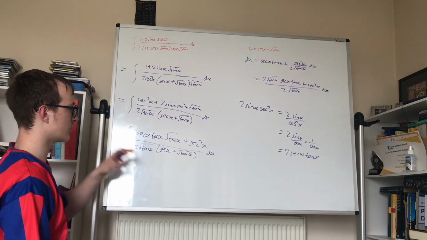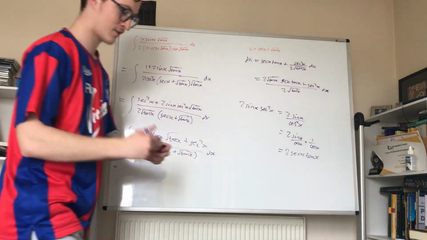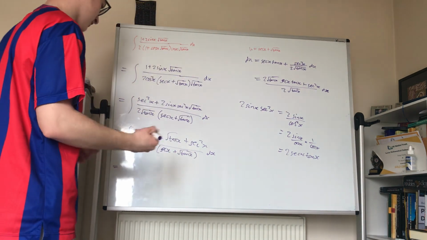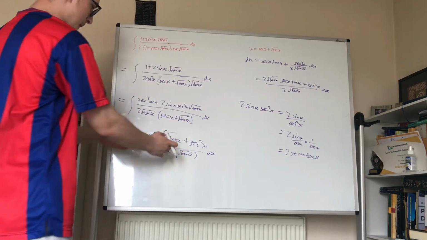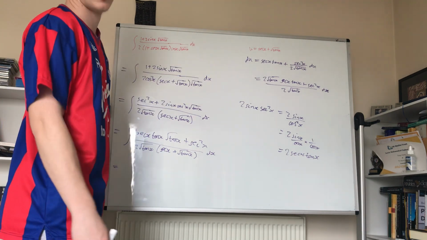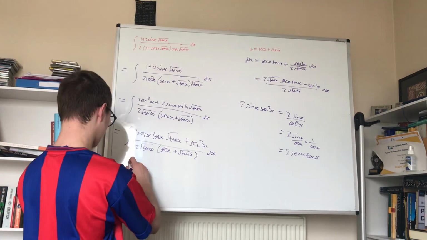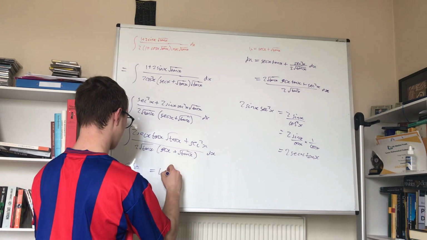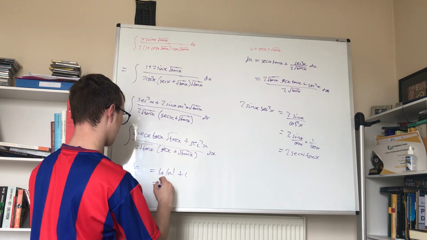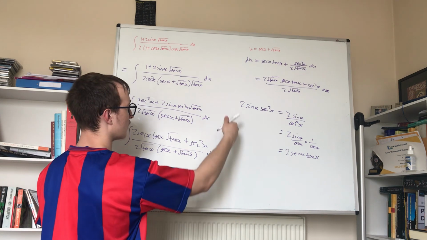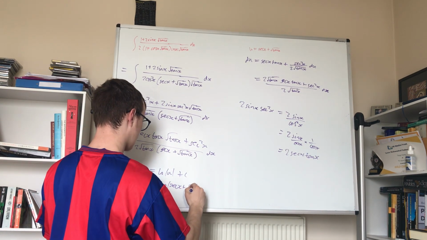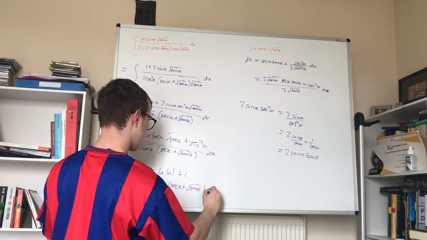And that is equal to, now we employ the u substitution that they tell us to. So that becomes u, and then everything else is du, which is very convenient. So this is just the integral of du over u, which is just ln u plus c, which is ln of sec x plus root tan x, plus c.